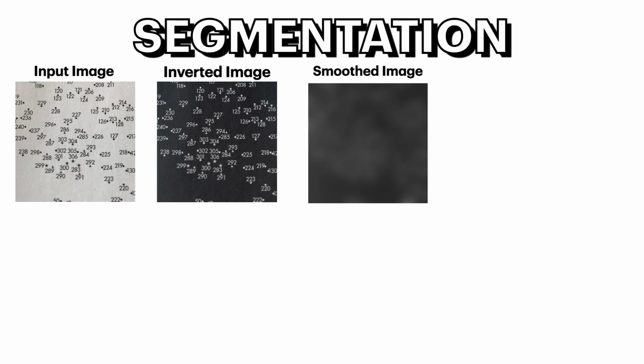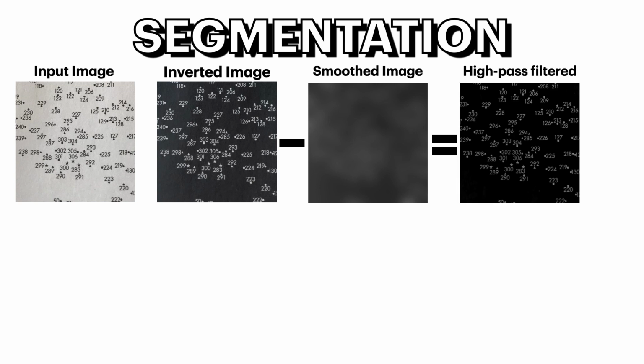This is a Gaussian with a sigma, the width of the Gaussian, of say 30, which is quite large. Then I subtract the smoothed image from the inverted one, and what I get is a high pass filtered image. This is an image where the undulating background noise has been removed, and I'm just, in this case, left with the details which I'm interested in.